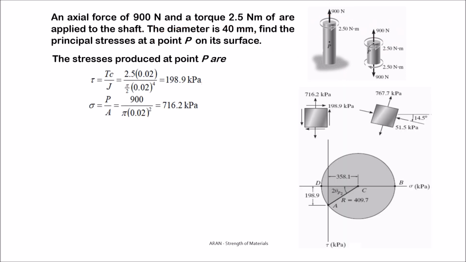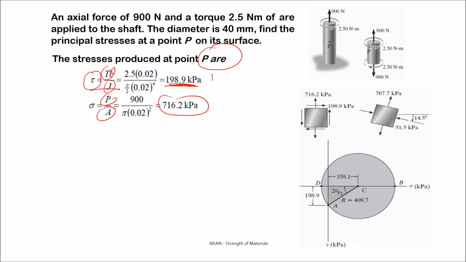What we do is, for a point on the surface, we calculate the stresses. We know the torsion formula. Tau equals torque times radius divided by the polar moment of inertia. So on the surface, I have a shear stress 198. And due to the axial force divided by the area, I have a tension 716 kilopascals.